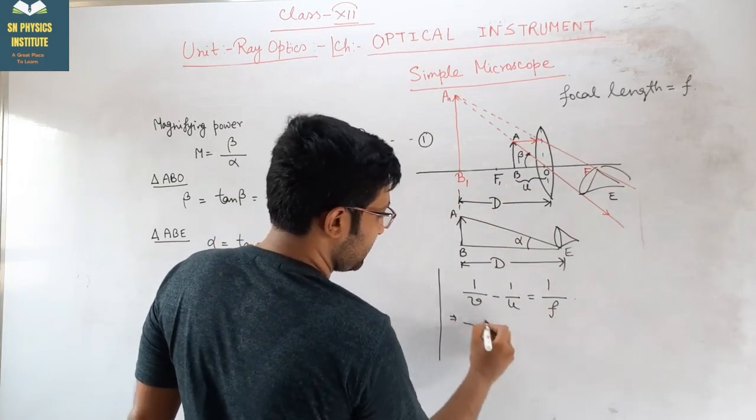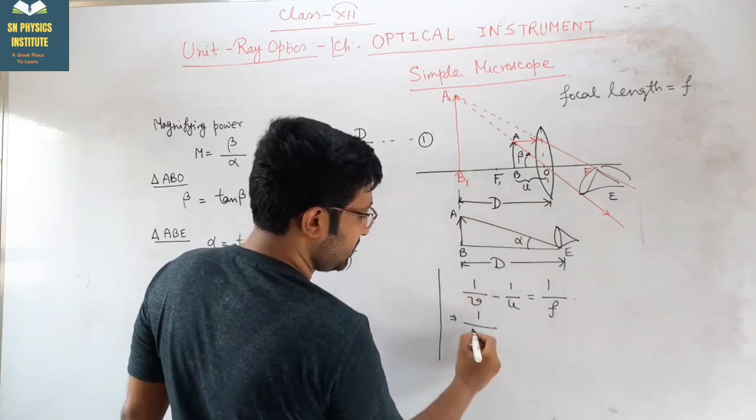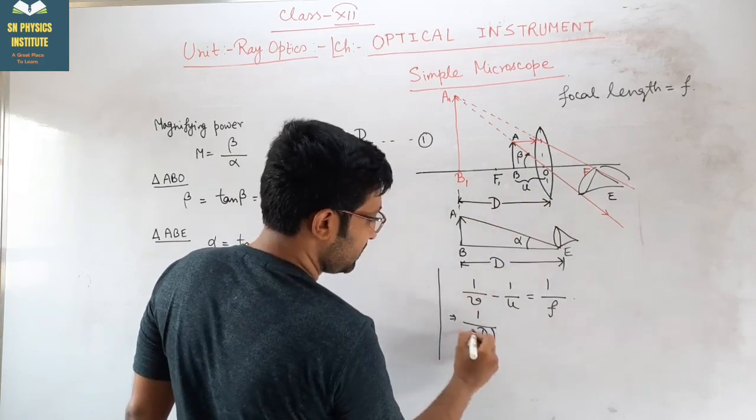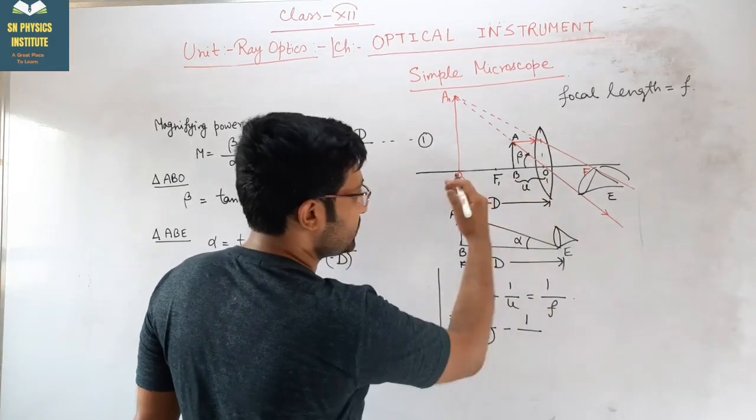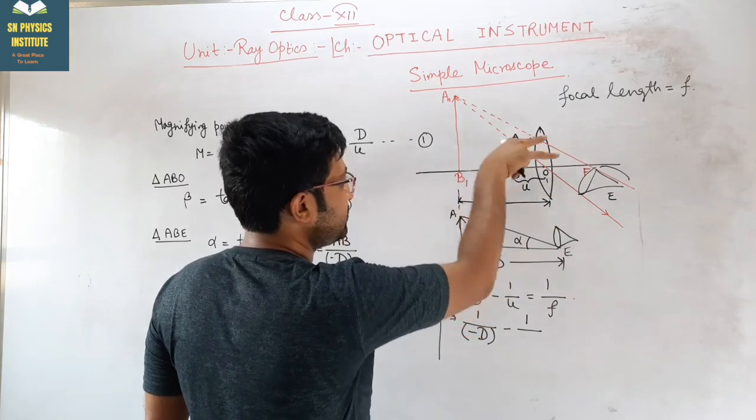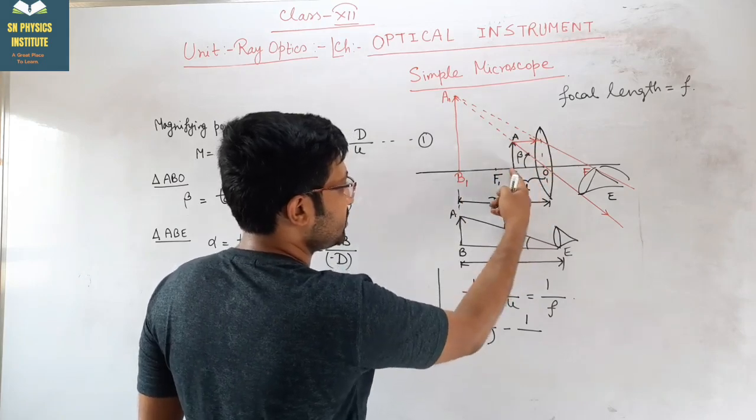So V is minus capital D, because this is the virtual image. U is also negative, because the incident ray is in this direction and you are measuring with respect to the optical center.